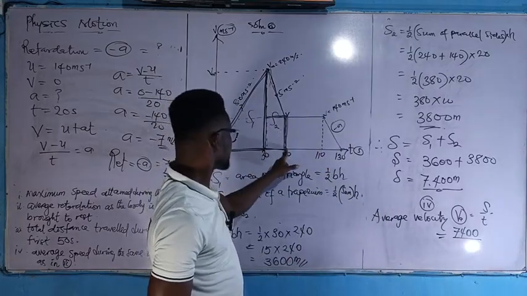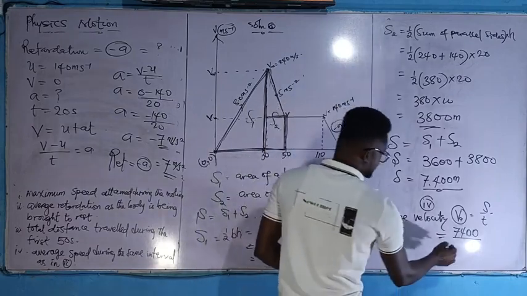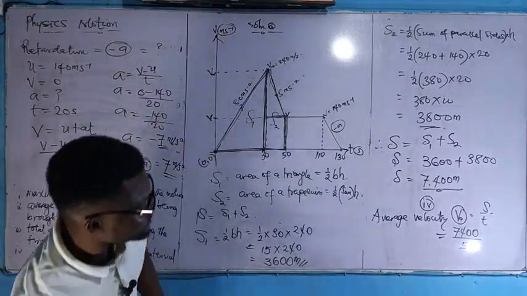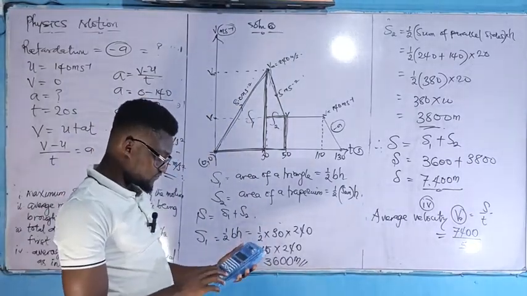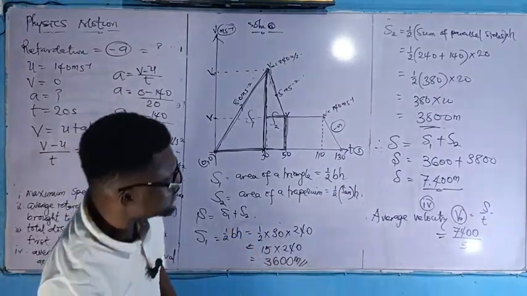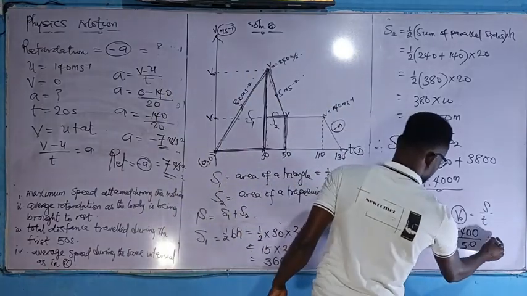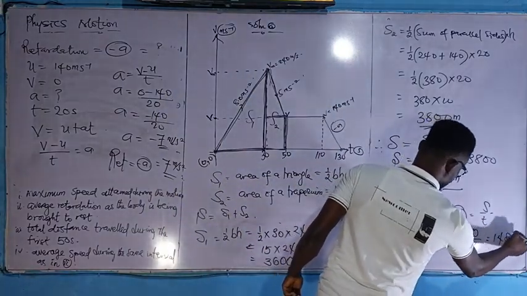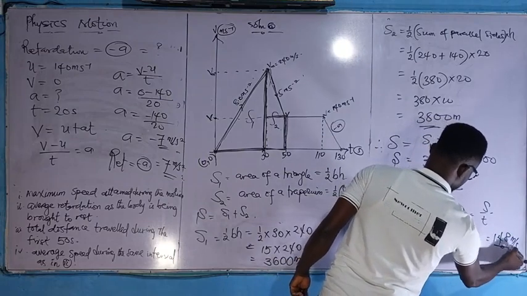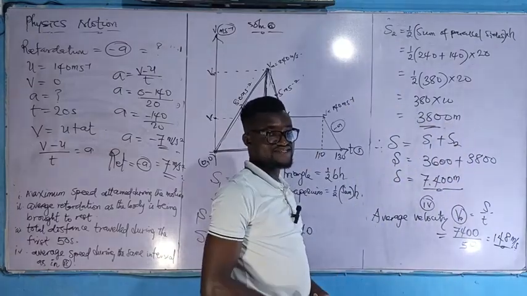Moving from here to this point, the time interval is 50. So divided by 50. If you punch your calculator, 7,400 divided by 50 gives 148 meter per second. And that gives the average velocity.